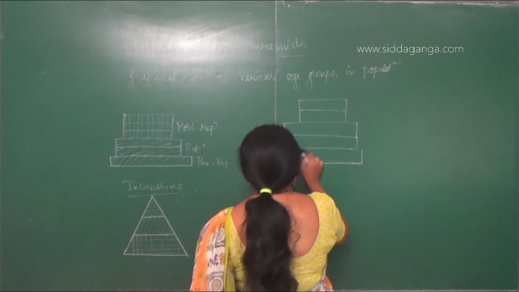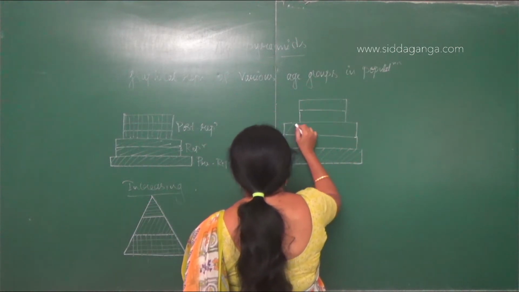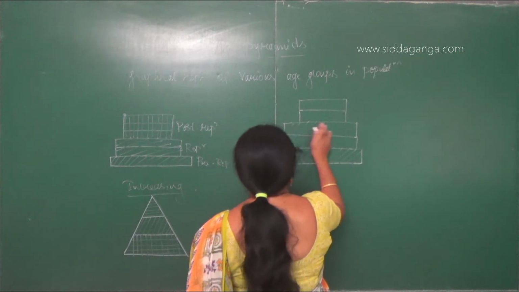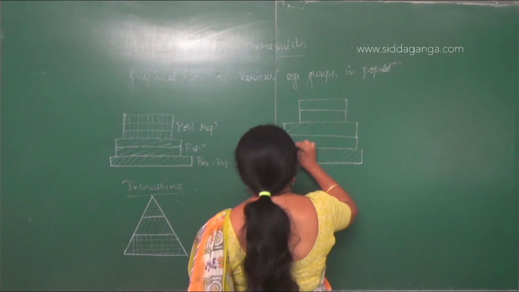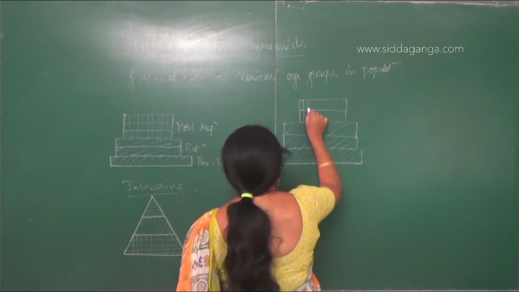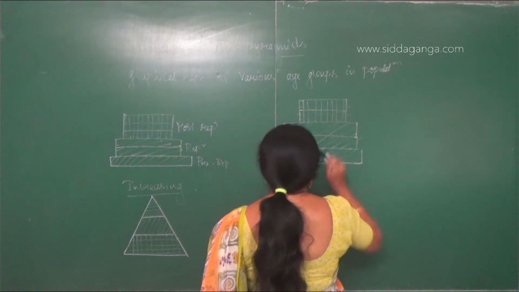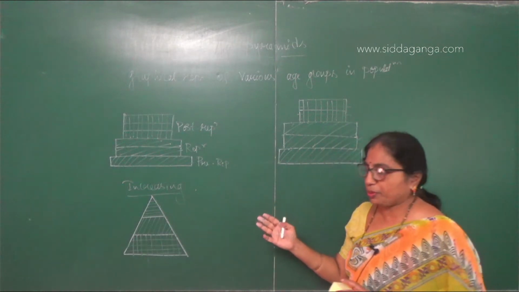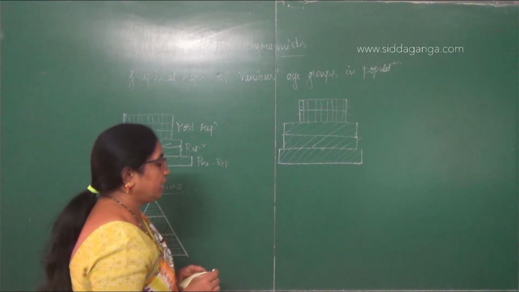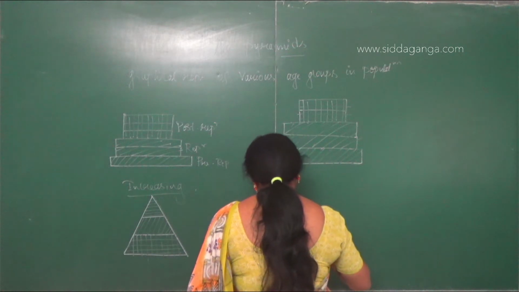So the pre-reproductive is at the base of the age pyramid, then the reproductive population, and finally the post-reproductive population. Yesterday we already discussed what is pre-reproductive population, what is reproductive population, and what is post-reproductive population. And here almost the pyramid is of bell shape.